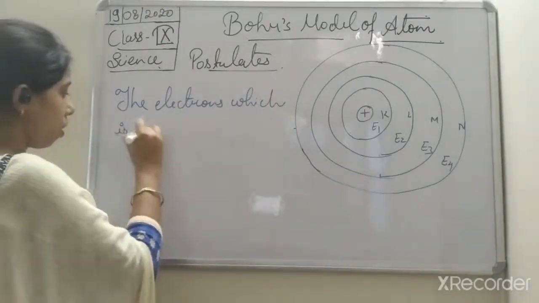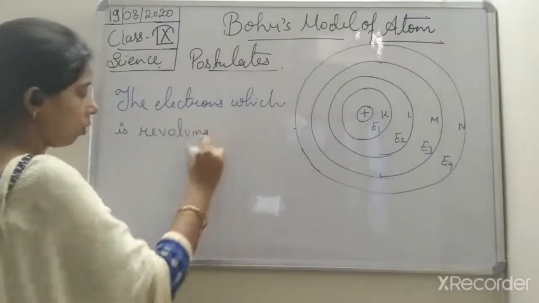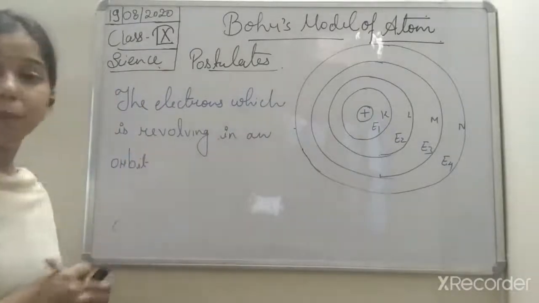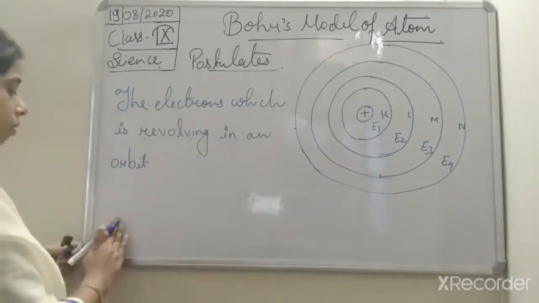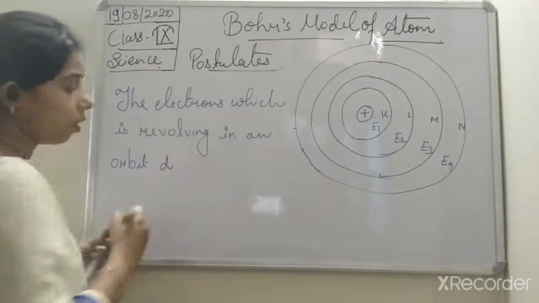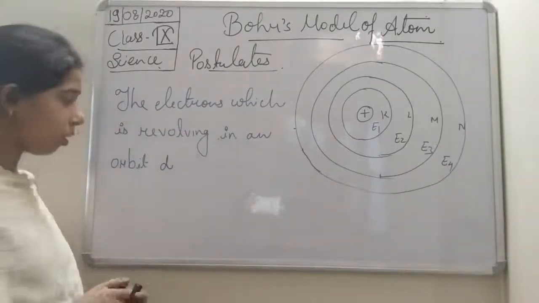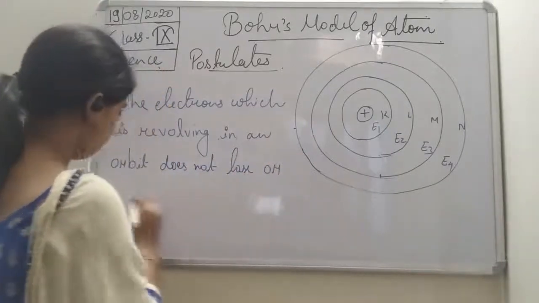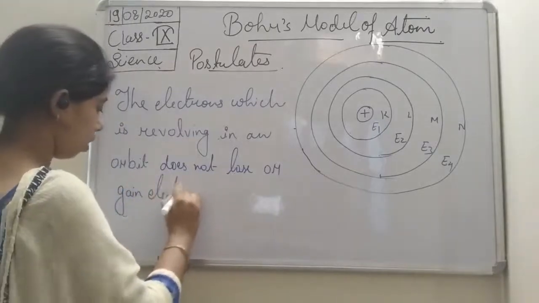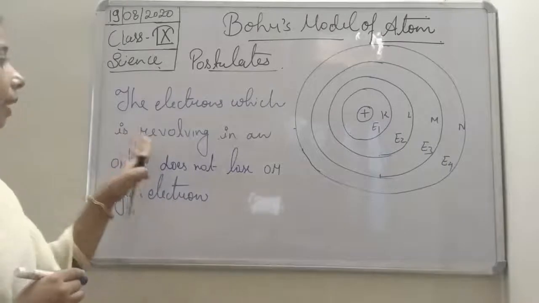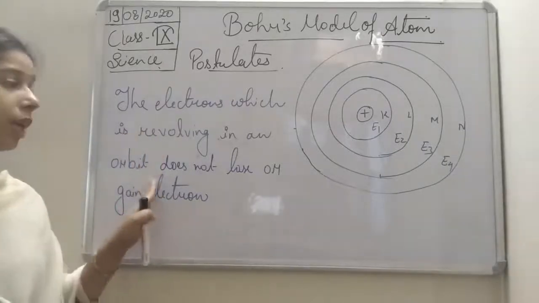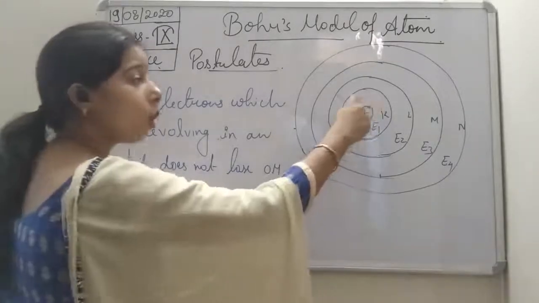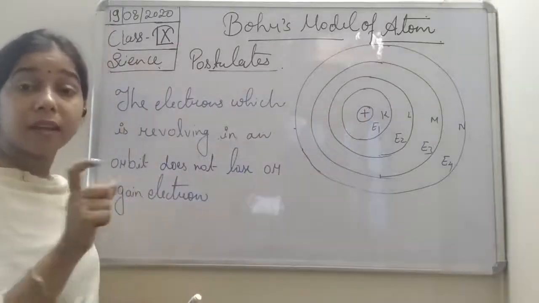So by that, students, we can say the electron which is revolving in a particular orbit does not lose or gain energy. You see here, students, that electron revolving in a particular orbit will neither lose nor gain energy, and it is because all the orbits present around the nucleus have a fixed energy level.